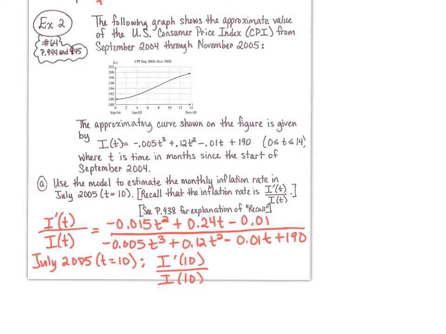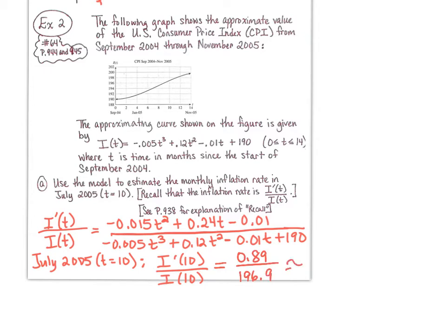Be careful. Put all of this in your numerator in parentheses. When you substitute in 10, put that in parentheses. Put all of your denominator in parentheses. That will make a difference on your output for your answer. Whenever you do that, you should get 0.89 divided by 196.9.